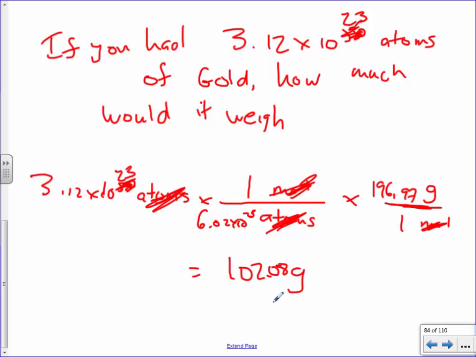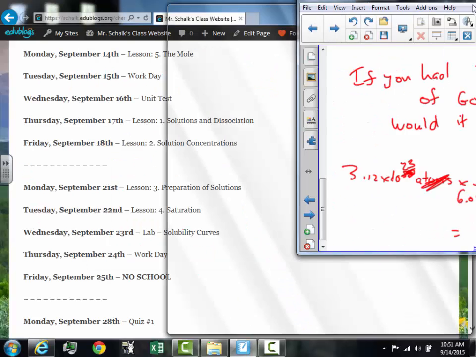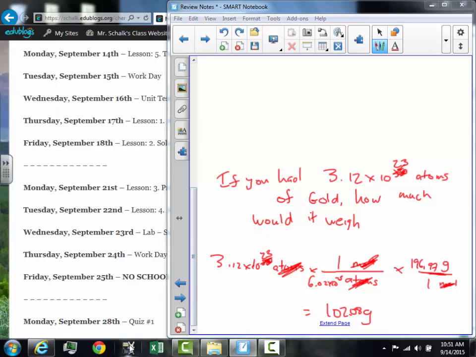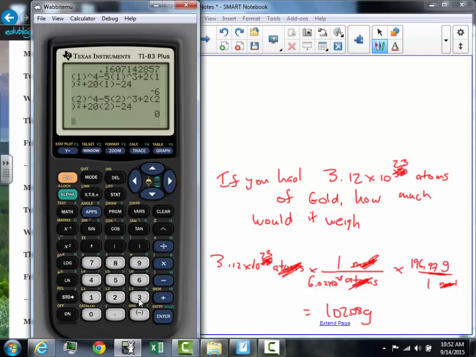Okay, let me show you how that would look in your calculator. I would go 3.12 times 10 to the power of 23. And then I'm going to divide. When you divide, I'd recommend you put that whole thing in brackets though. So like I'd make it 6.02 times 10 to the power of 23.